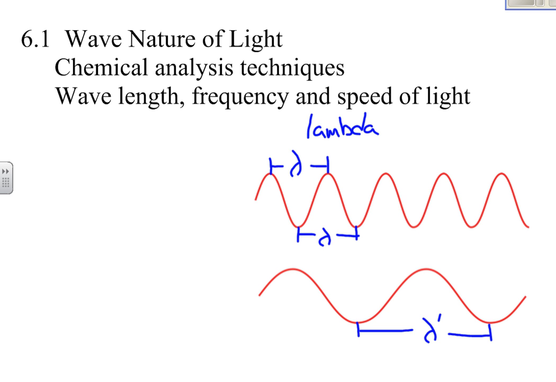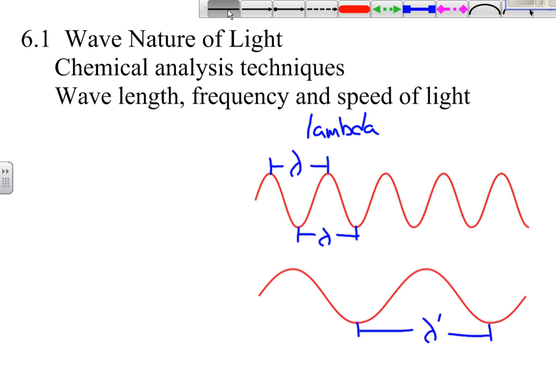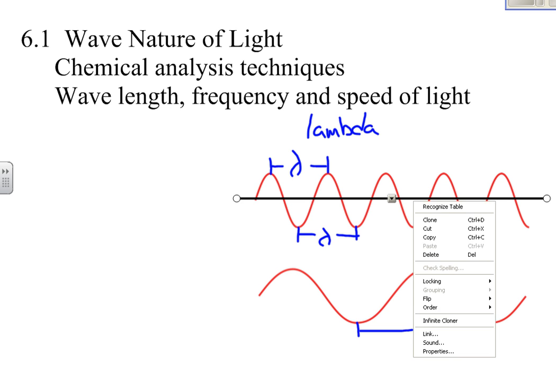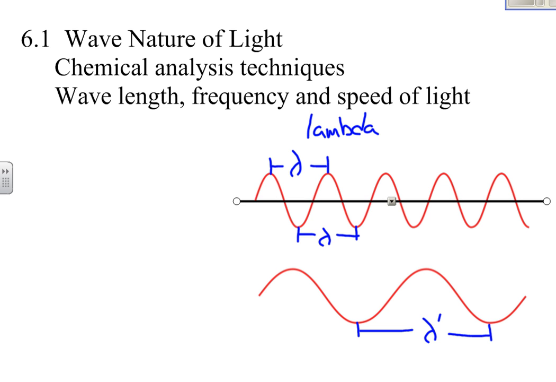The other thing we have is the amplitude of the waves. And the amplitude of the wave, if we draw a line through the middle of the wave, a little bit. There we go.